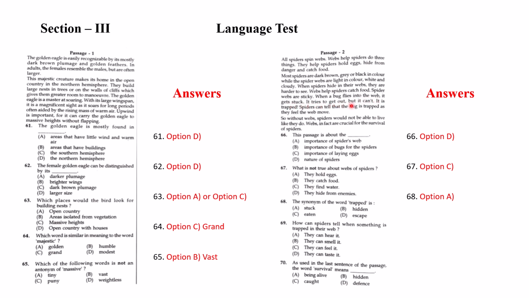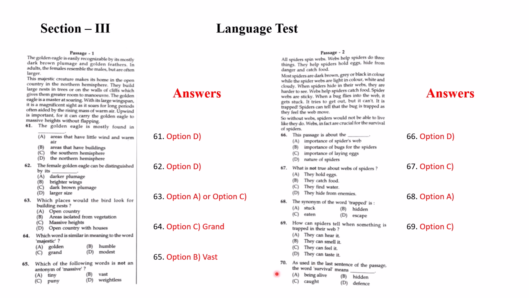It tries to get out, but it can't. It is trapped. Spiders can tell that the bug is trapped as they feel the web move. They can feel it, right? So option C would be the right answer, because they can't hear it, they can't smell it, they can't taste it. They can feel it when the web moves. Therefore, the correct answer for this question would be option C.